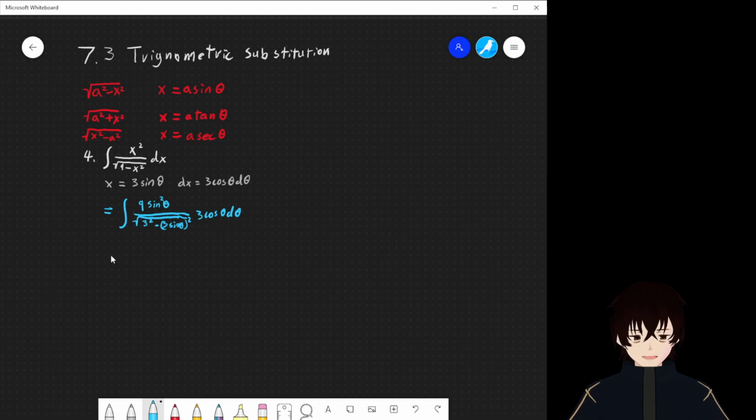First question starting strong. The question strong, not me. And if we factor out a 3, we can take out the 3 here. So we'll get 9 over 3 times 3. So we'll just have 9 outside.